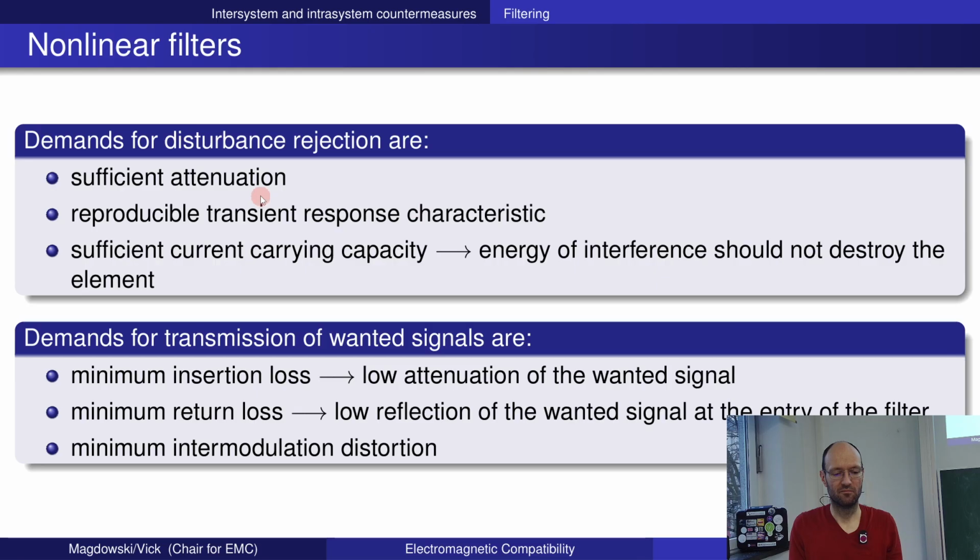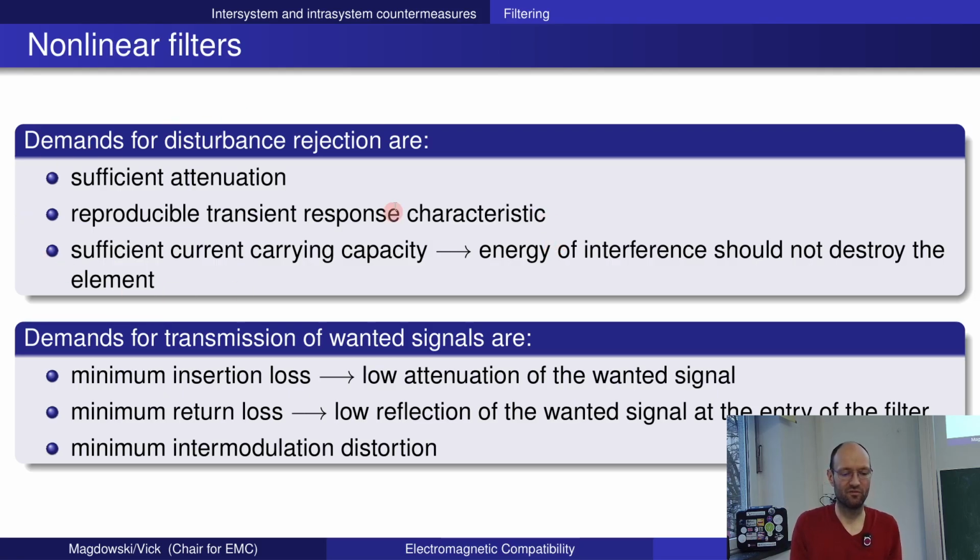So we need some attenuation of the disturbance, and still the useful transient response characteristic of our signal should not be disturbed. And if we want to dissipate this energy, the blocking device that we use, like a diode, of course, must be able to dissipate this current. So if we have some protection device, the energy of the interference should not destroy this element.